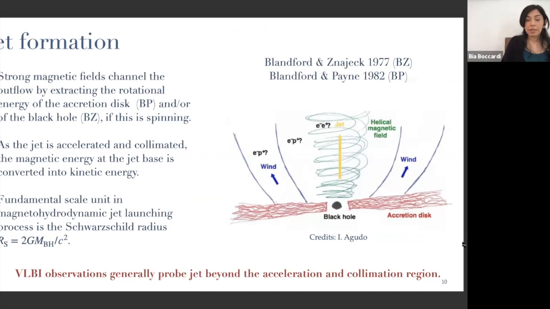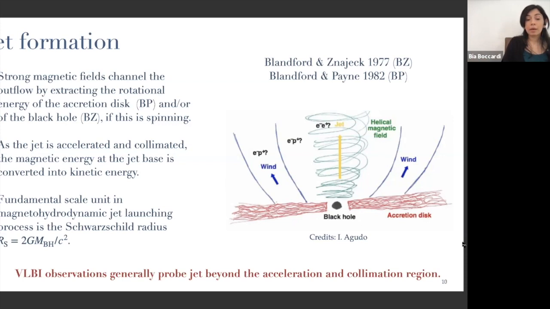We believe that the formation of jets is driven by the presence of very strong magnetic fields which are accumulated in the innermost regions of the accretion disk. And these strong magnetic fields channel the jet, by extracting the rotational energy of the accretion disk in a process which was originally described by Blandford and Payne, or they also extract the rotational energy of the black hole if this is spinning.